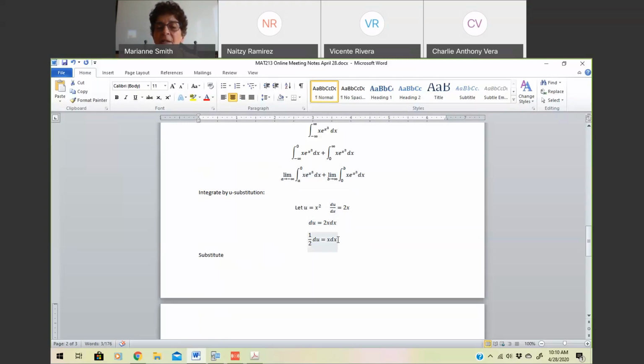So dividing by 2 means it goes away on the right side and I wind up with du divided by 2. But remember, we said we're going to write divide by 2 as 1/2. So again, here's what I'm going to substitute in. I'm going to substitute u for the x squared. So I'll have e to the u, and then 1/2 du will substitute for the rest of the integral. So I'll have 1/2 e to the u du.